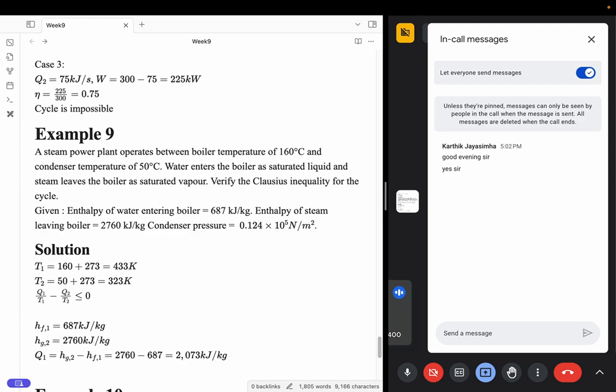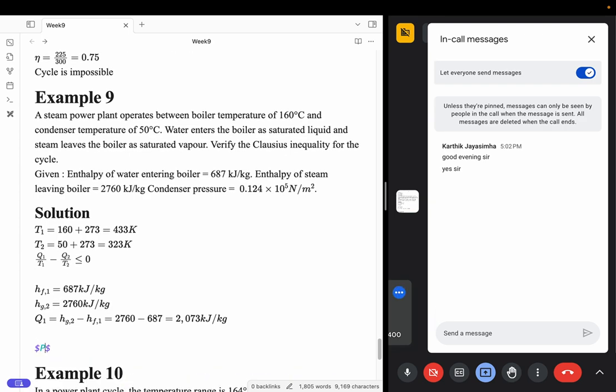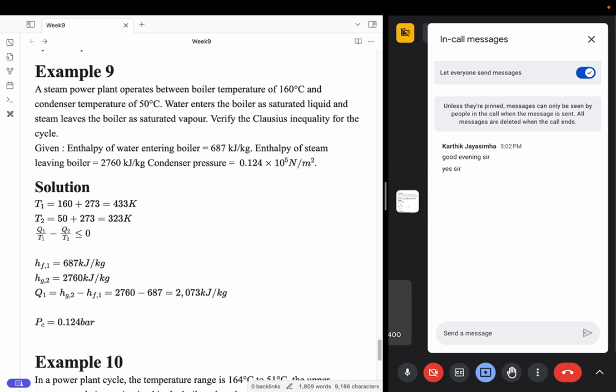So you have the condenser pressure, PC, which is 0.124 bar. Just write it in bar. And then what else do I have?